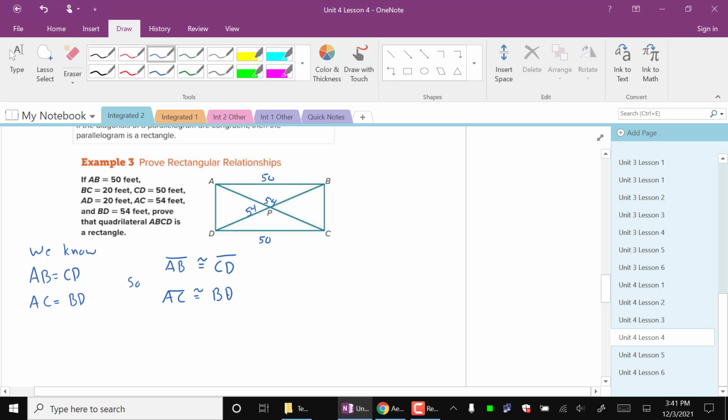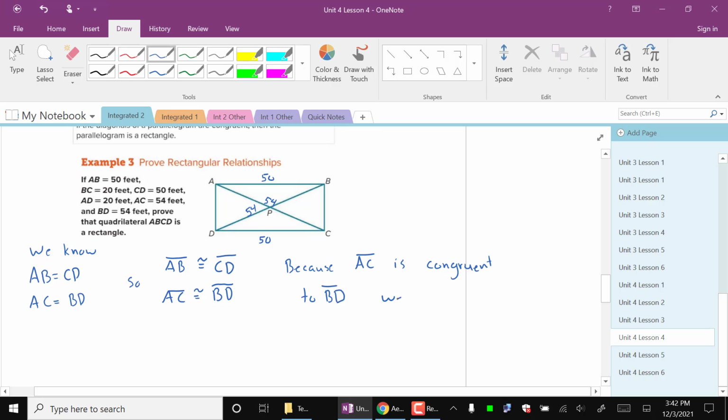So because they're congruent, as we said, we know that this is a parallelogram because AC is congruent to BD.